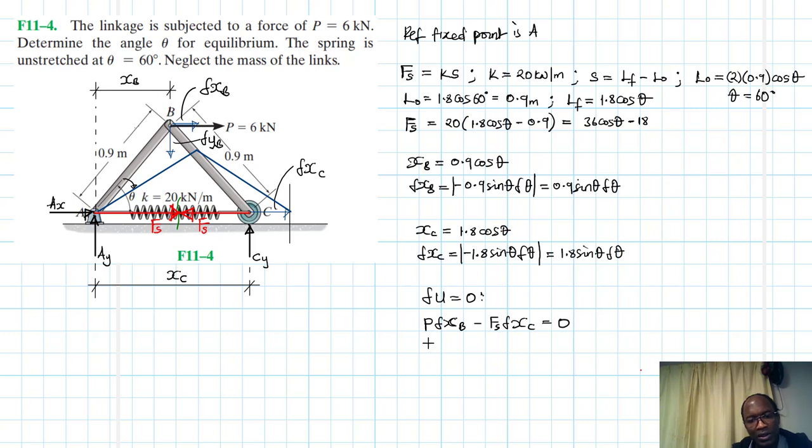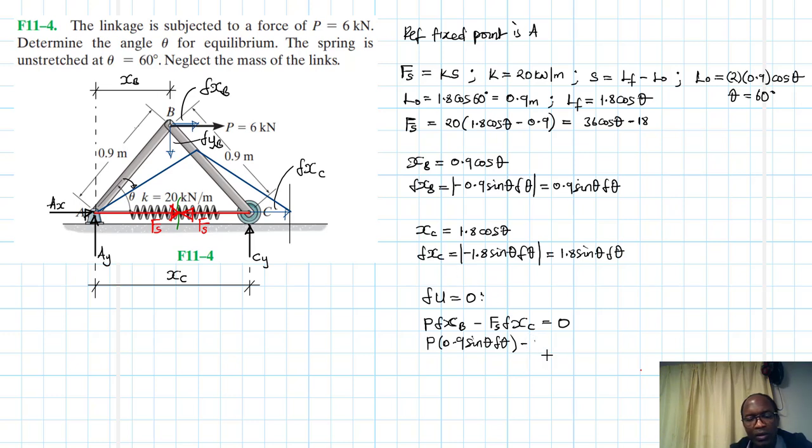So let's replace these values. We have P del xb, and we calculated del xb is 0.9 sine theta del theta, minus Fs.